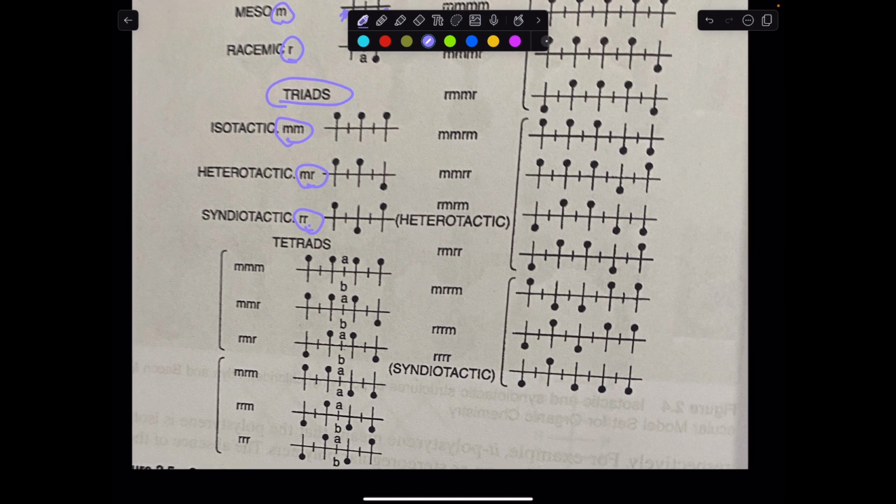Now let us look at tetrads with 4 pseudochiral centers. Let's look at what happens when all pseudochiral centers are meso with each other, that is, they have the same configuration. In that case, it will be MMM, and let us look at the methylene hydrogens. The methylene hydrogens are not equivalent because A is flanked between these groups and B is flanked between a different group.